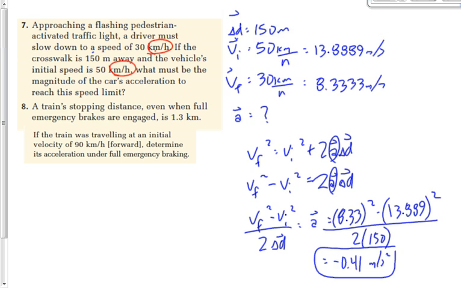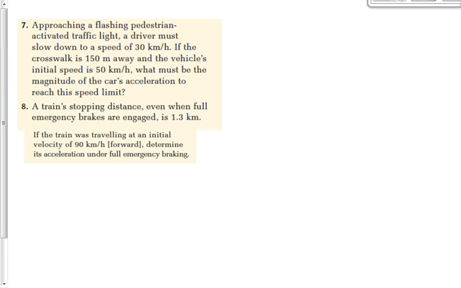And finally, number 8. A train's stopping distance, even when full emergency brakes are engaged, is 1.3 kilometers. If the train is traveling at an initial velocity of 90 kilometers per hour forward, determine the acceleration under full emergency braking. Picking up the red pen, what do I want to circle here? What do I want to draw attention to here? Chelsea, what is it that I want to draw attention to in this question?